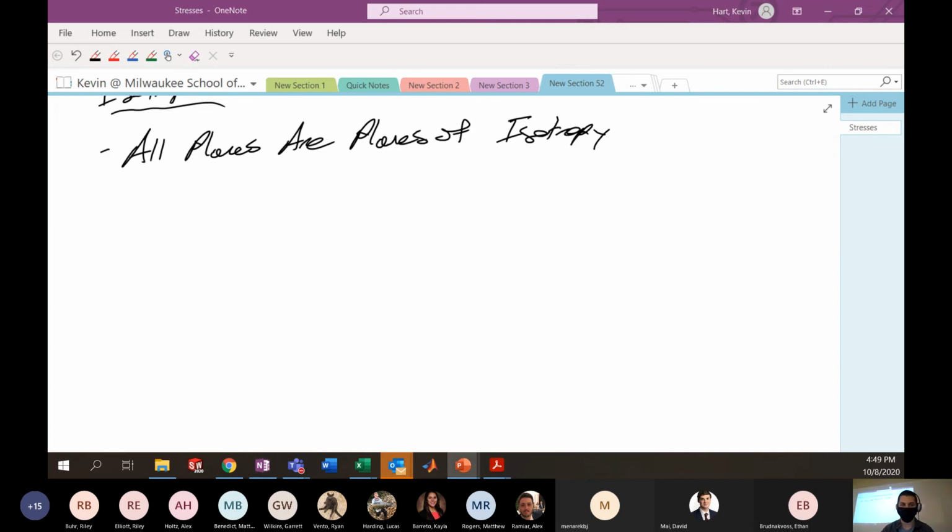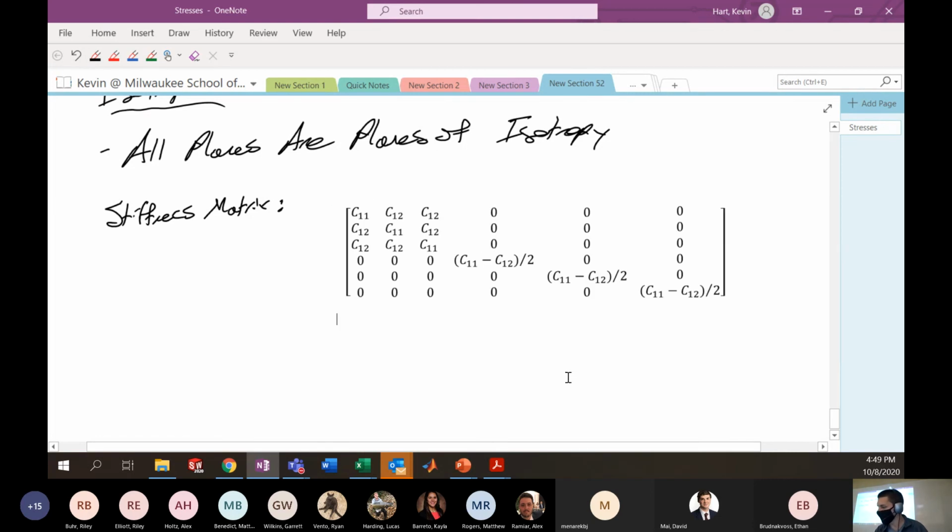I'm kind of running out of time here, but you've sort of seen this already. The stiffness matrix is, this is in your notes. I'm just going to copy this down for speed reasons.